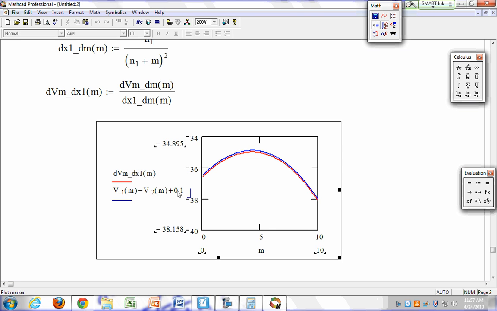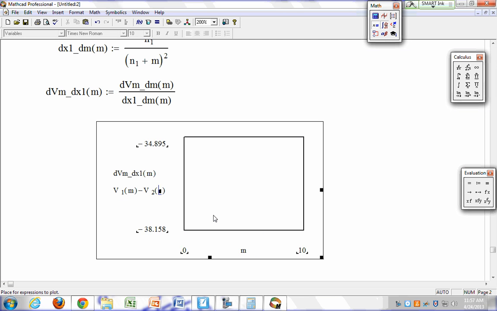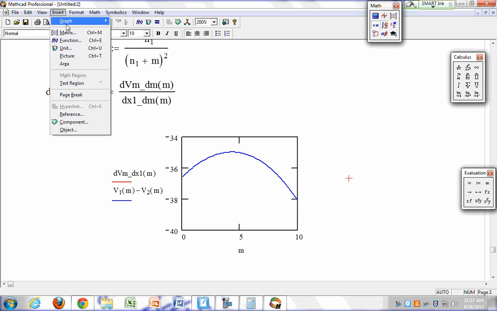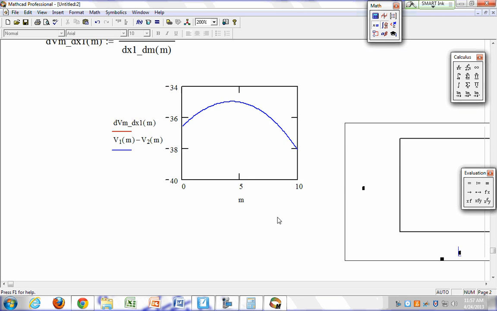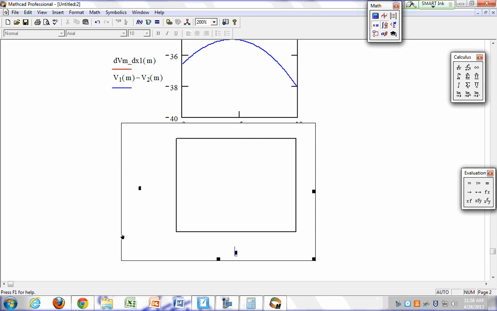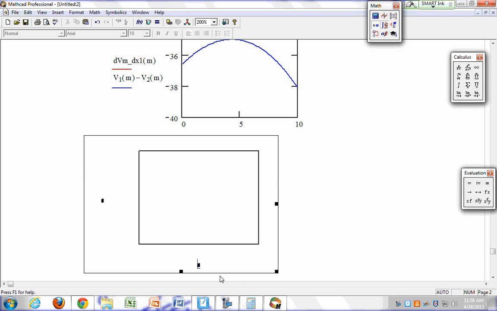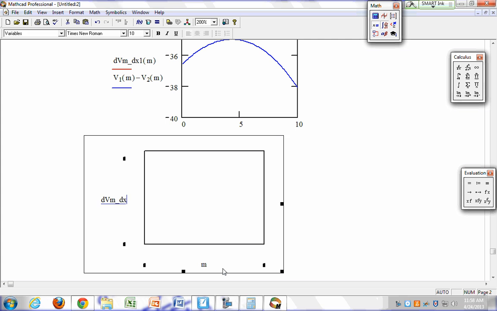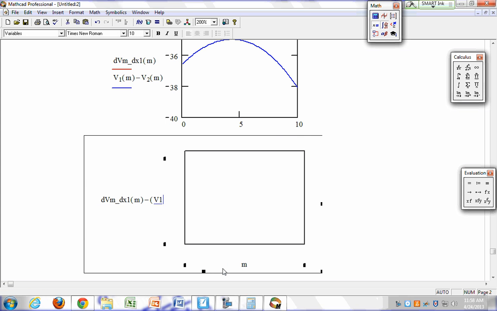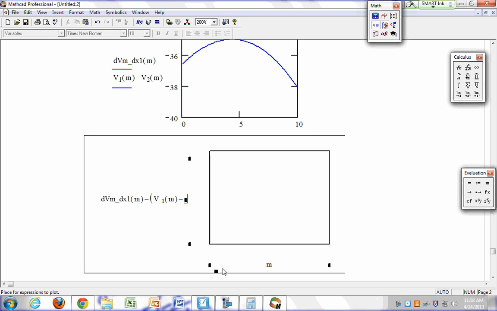Another way you could plot this is to insert a graph and plot versus molality dVm/dx1 of m minus the quantity V1 of m minus V2 of m.